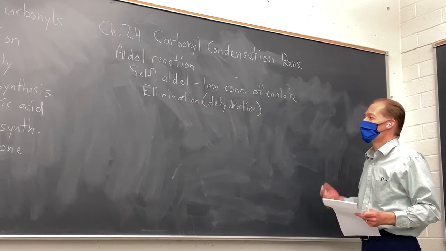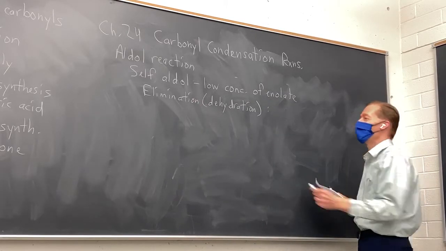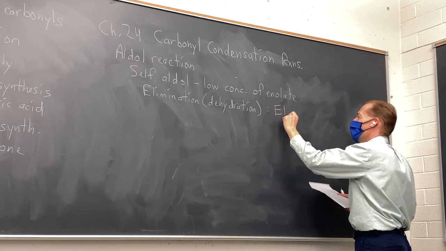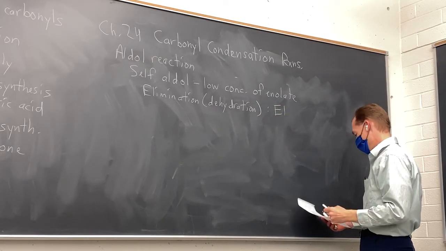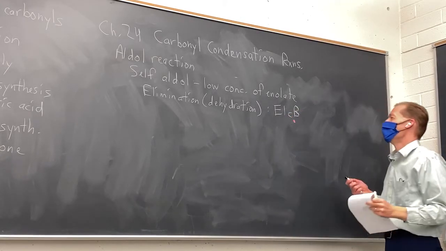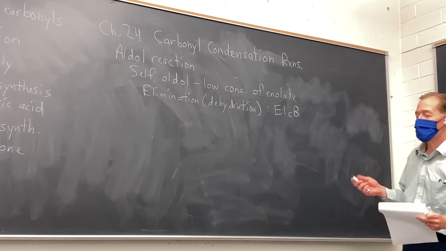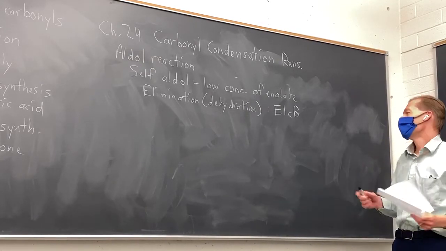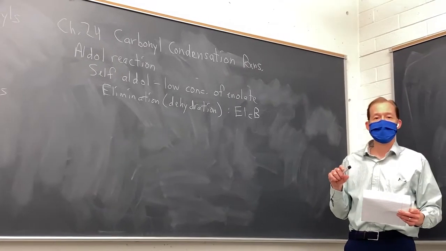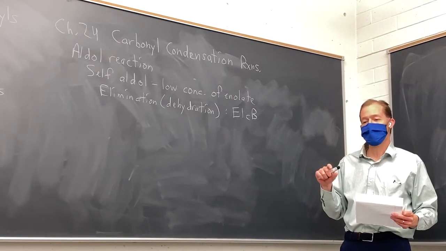A few things about this elimination or dehydration. It has its own unique mechanism. We referred to it as the E1CB mechanism. And the CB, usually the C is written lowercase and the B is capitalized. Doesn't really matter, but refers to E1 conjugate base, meaning that we deprotonate the hydrogen first, giving the conjugate base of our beta hydroxycarbonyl compound.